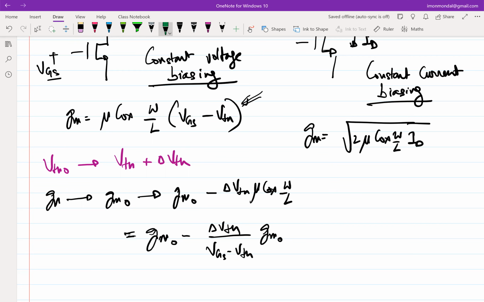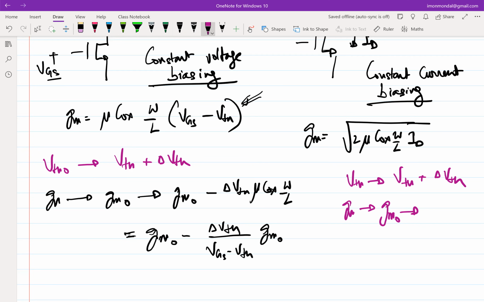However, if I now focus on the constant current biasing situation, how much will GM change by? GM goes from GM naught to no change, right?